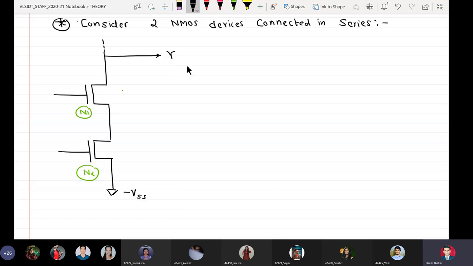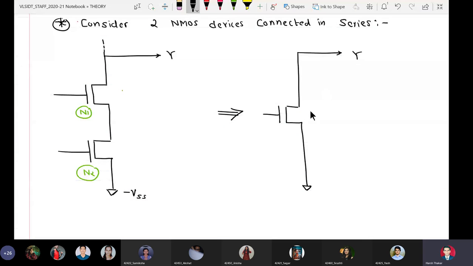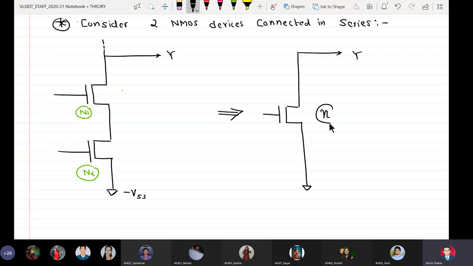Now, if we want this series connection between two NMOSs to have the same fall time as that of a CMOS inverter, then I have to see that if this circuit was a CMOS inverter, I know that the size of this NMOS should have been n.